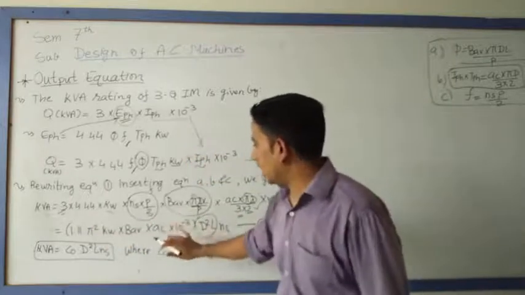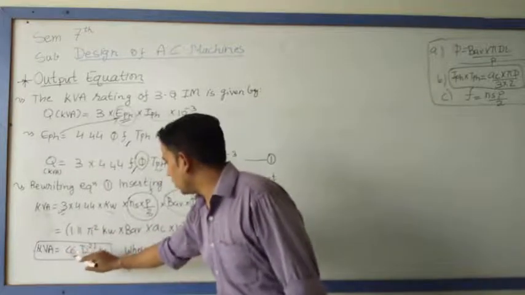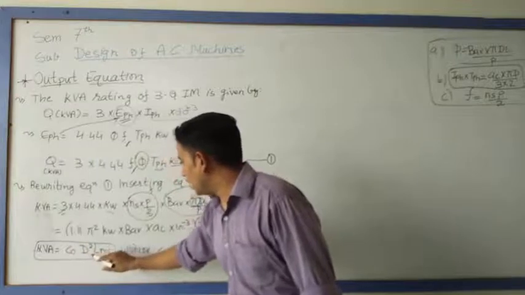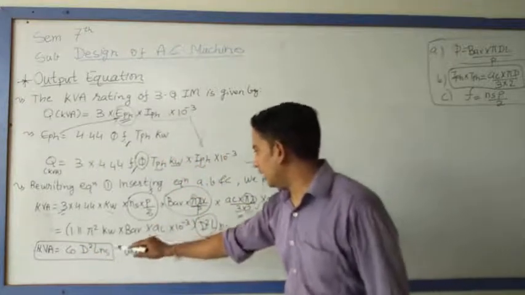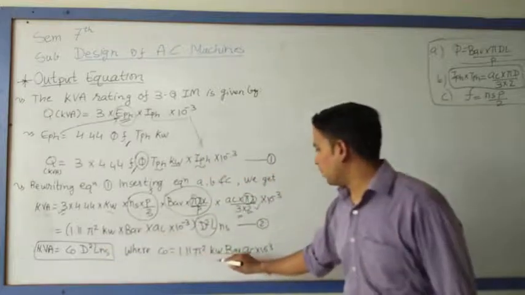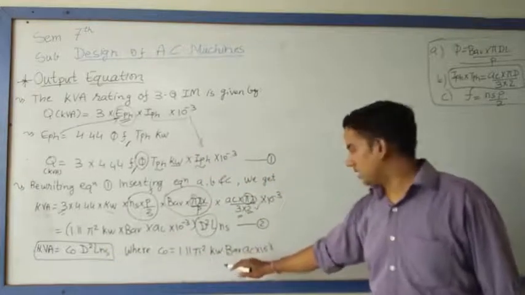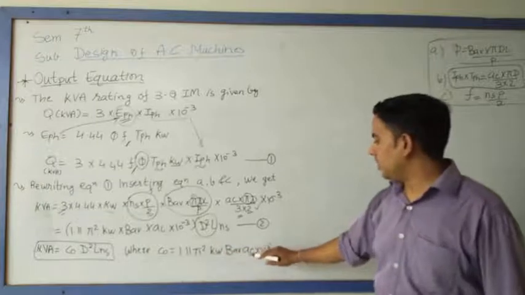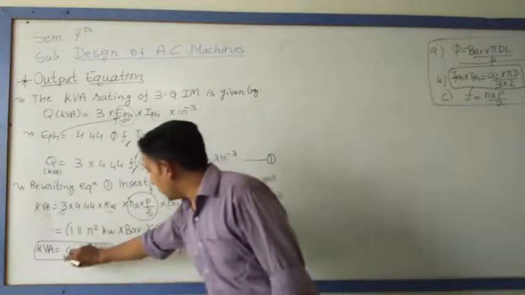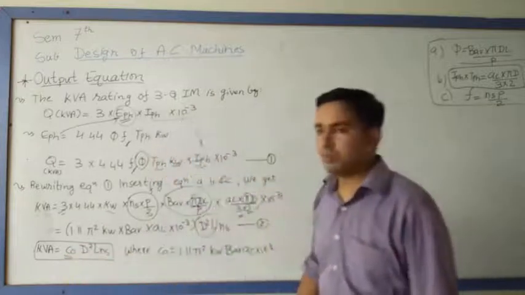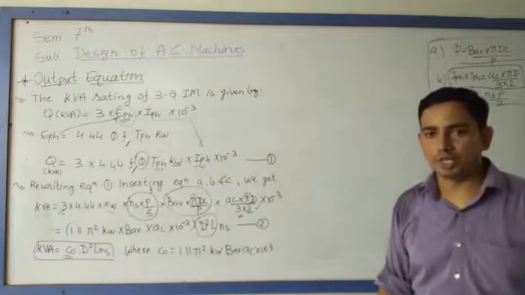This equation will now become kVA is equal to C0 into D square L Ns. C0 is 1.11 pi square kW BAV AC into 10 raised to minus 3. C0 is defined as the output equation coefficient.